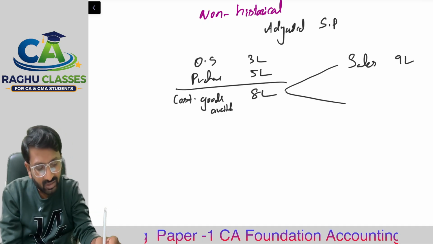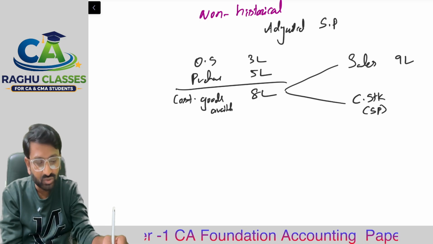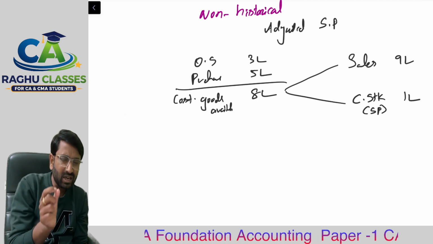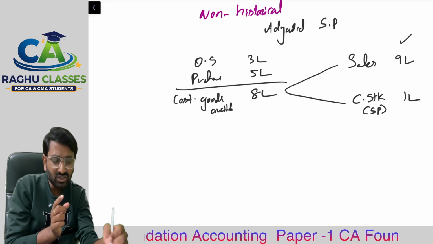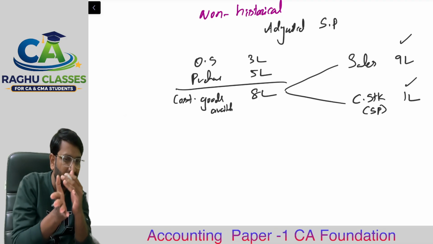And the remaining item is lying in the closing stock. The selling price of that closing stock is 1 lakh. So can we say out of 8 lakhs, we sold some portion for 9 lakh. Closing stock can be sold for 1 lakh. It's not sold. That can be sold for 1 lakh.